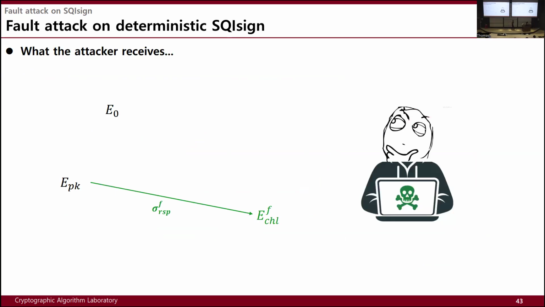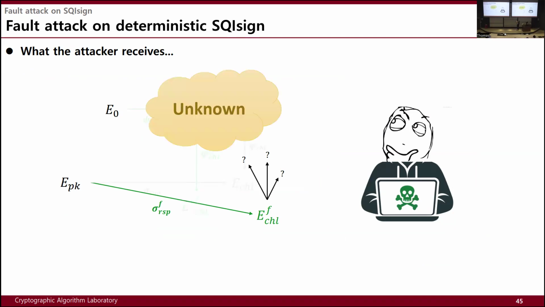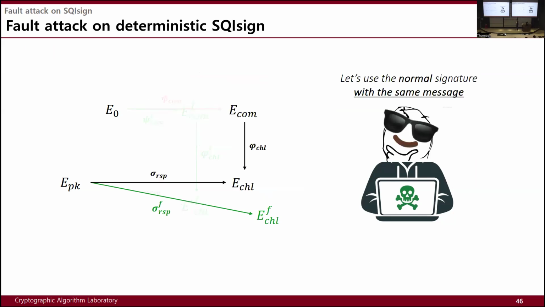This is what the attacker can get from the faulty signature. She cannot recover the faulty commitment curve, nor the normal commitment curve. So it becomes unknown. She thinks for a while, and she realizes that she can use the normal signature with the same message.